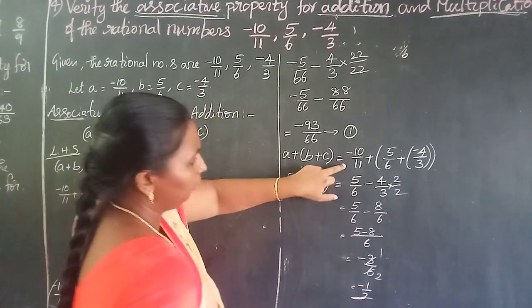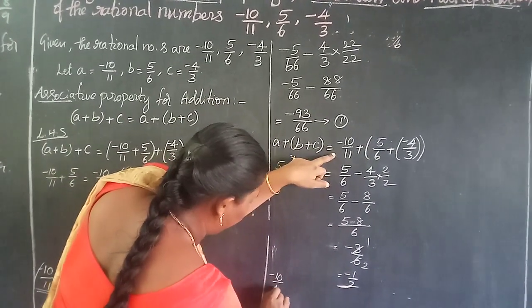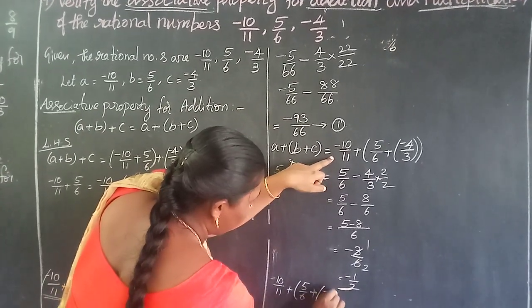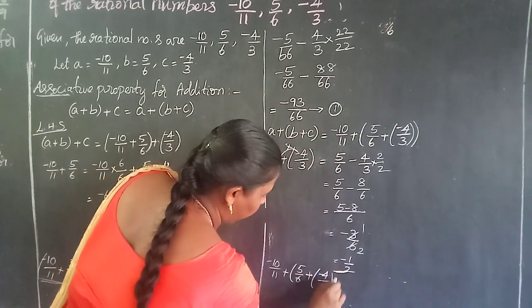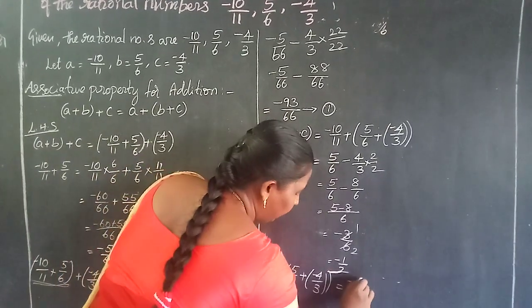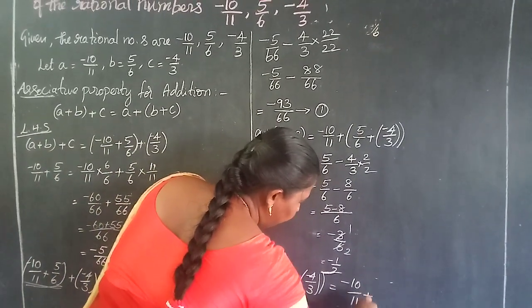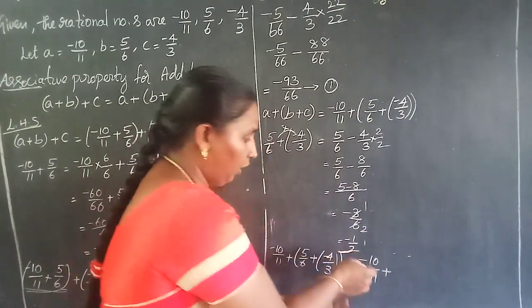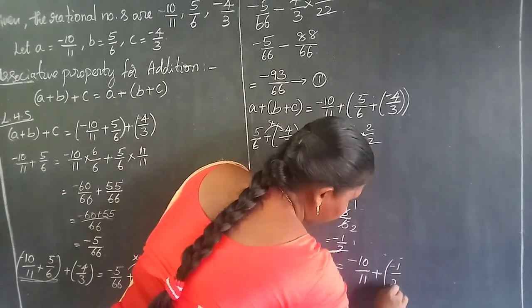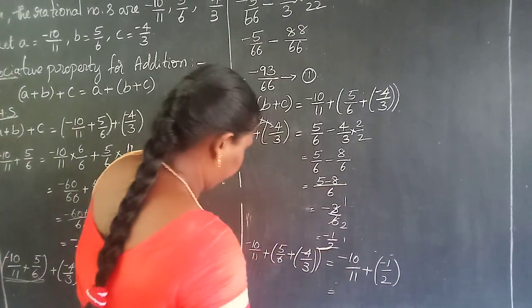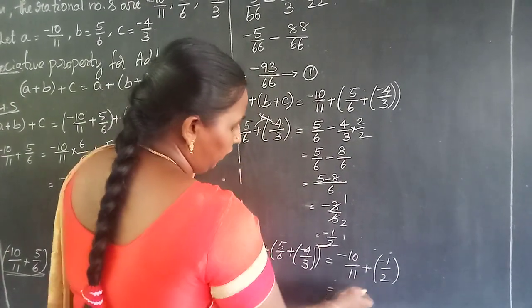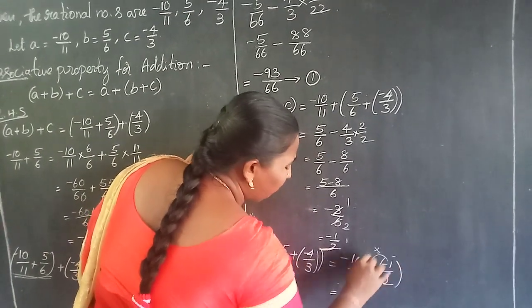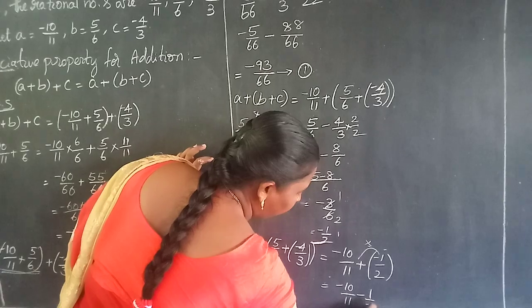Now take minus 10 by 11 as it is, plus the bracket value, minus 1 by 2. Substitute that value.